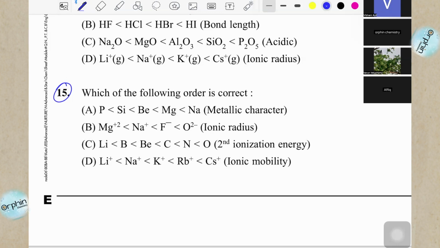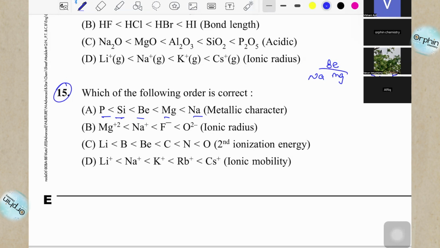So for metallic character, if we see beryllium, magnesium, sodium, silicon, phosphorus: phosphorus will be having the least, then silicon will be having more. And among them, down the group metallic nature increases.